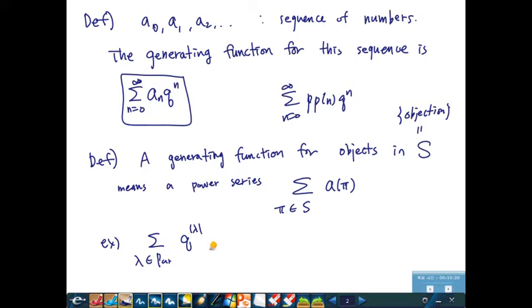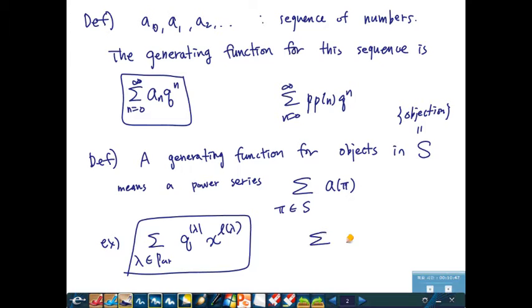So we even have more variables like this. This is a generating function for partitions that follows not only size but also length. This kind of series is called a generating function.